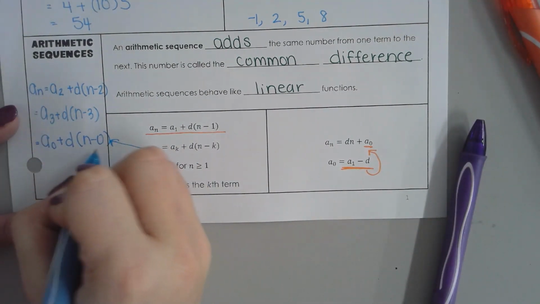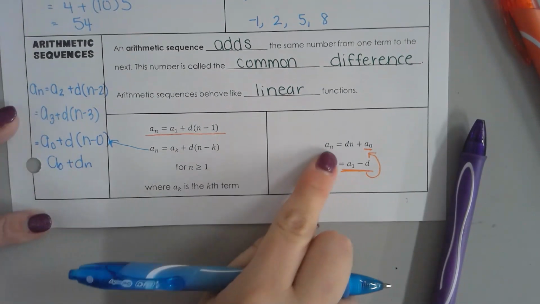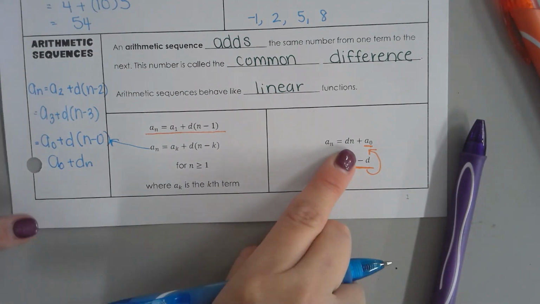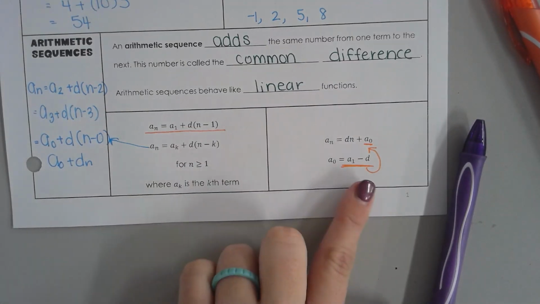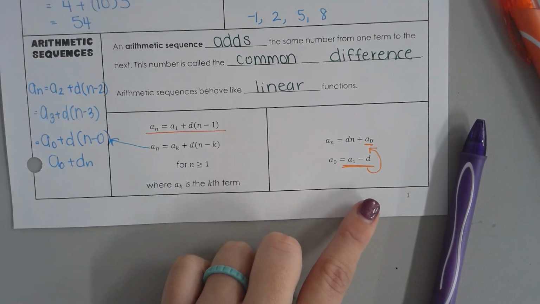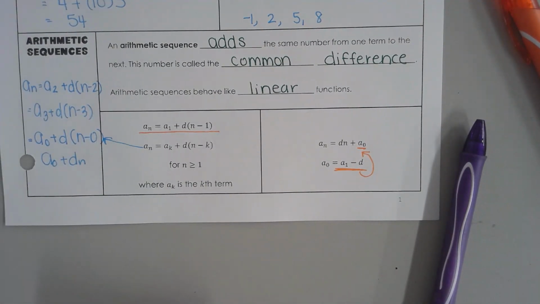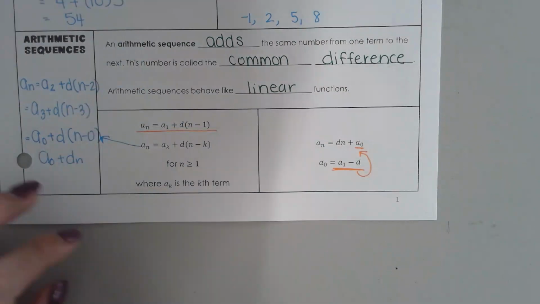Well, N minus 0 is just N. So that's just A0 plus DN, or DN plus A0. The zero term. You just back up one. That gives you the zero term. So just different ways that you can write your formulas. Sometimes it might be more beneficial to use one way than the other. A little bit faster maybe.